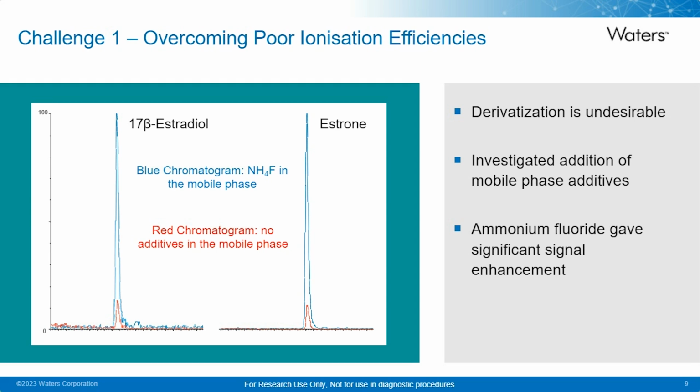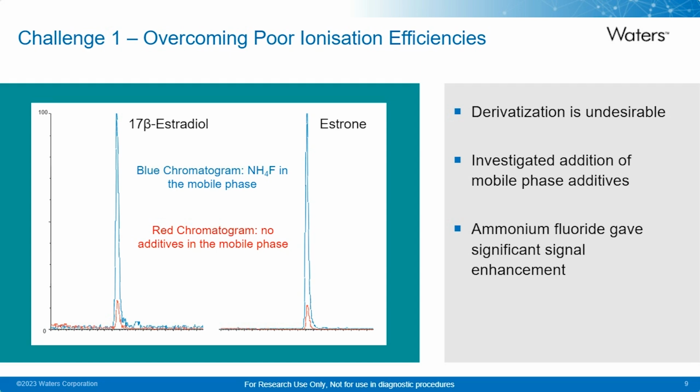Therefore, during our method development, we investigated the use of different mobile phase additives in an attempt to improve the overall signal-to-noise ratios. This testing revealed that using a very small concentration of ammonium fluoride in the mobile phase gave a large improvement in ionization efficiency when compared to simply using more conventional additives.